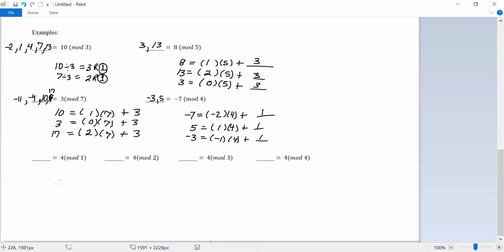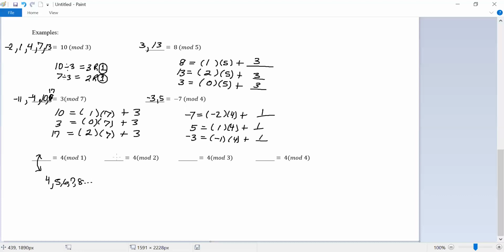So let's notice with this last example here. For mod 1, I'm going to write all the answers that could fit down here, because 4 could fit. Mod 1 is going to go evenly. The remainder is going to be 0. So that's going to be 4, 5, 6, 7, 8, and so on.